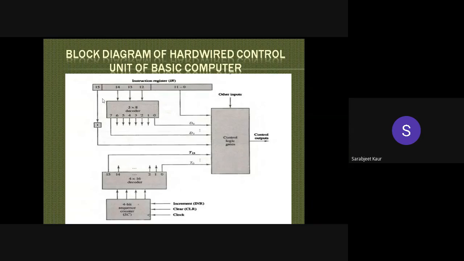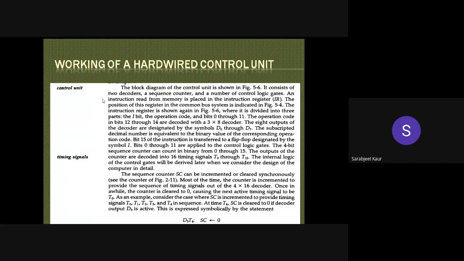Okay, so please see now, this block diagram will show you how the control unit actually works. Let us first read it through and then I'll explain this block diagram to you.